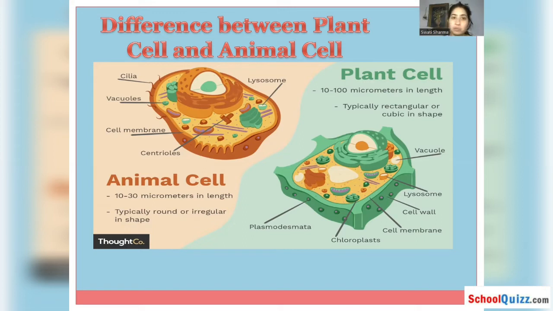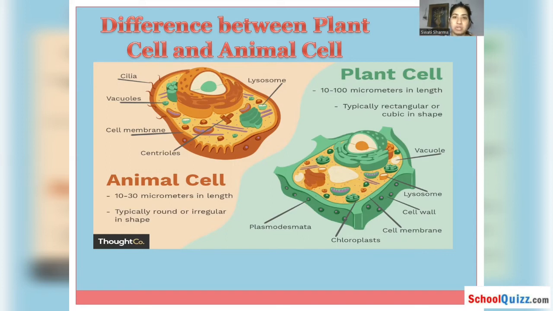Then we have lysosomes, which are common, and plasmodesmata are also there. Plasmodesmata are used for making the connection between adjacent cells. Suppose we have two plant cells, and we want the passage of certain substances from one cell to another, or a connection between two cells. That connection can be formed with the help of plasmodesmata.